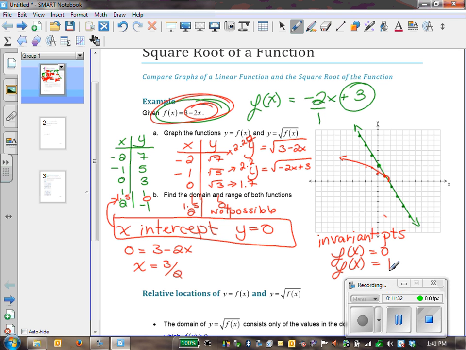You guys remember what radicand is? That's the number under the root sign. And the index is what kind of root it is. Everybody okay with that? So you will always have invariant points here when y values are 0 and y values are 1.